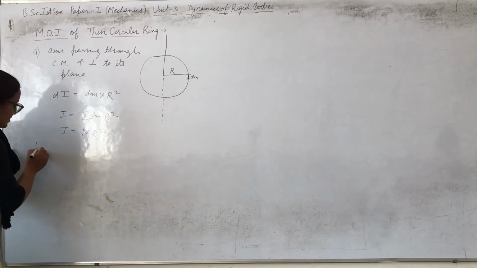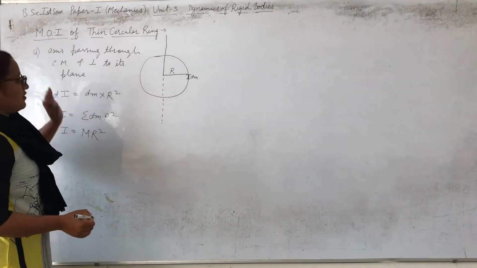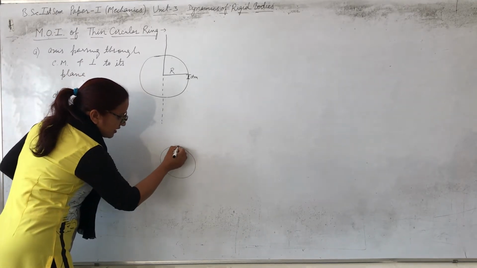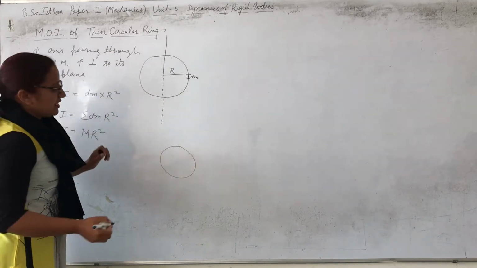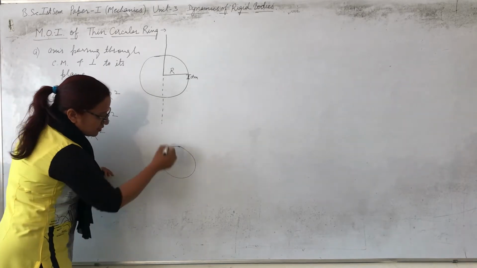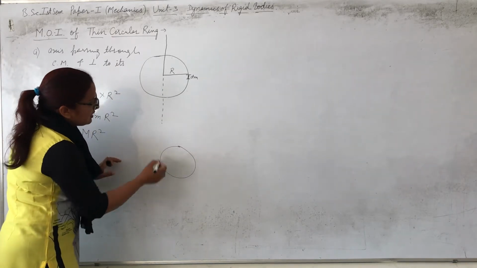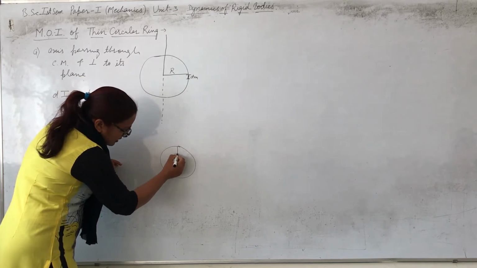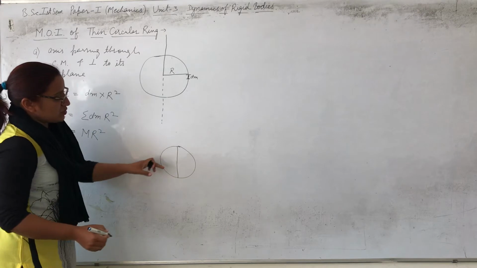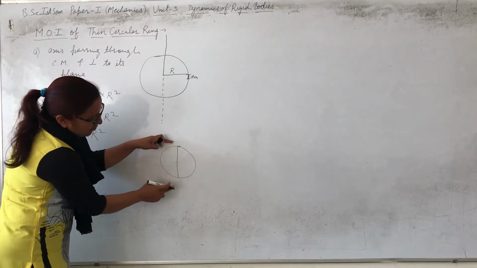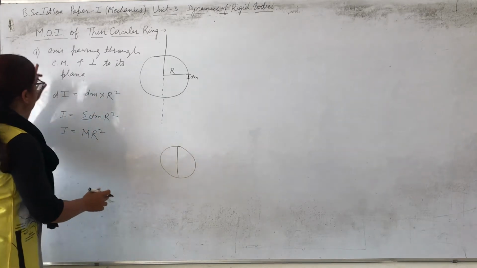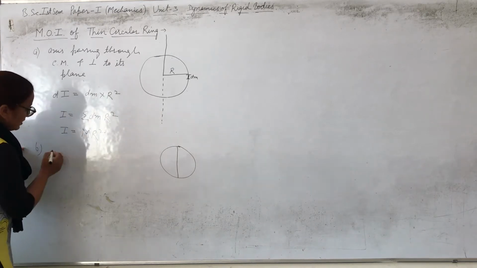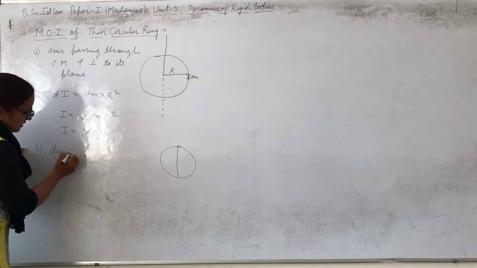Now the next case, if we want to calculate the moment of inertia of this circular ring about an axis which is again passing through its center of mass, but now the axis lies in the plane. So this axis will make up the diameter of the ring. So the second is about an axis which will be the diameter of the ring.